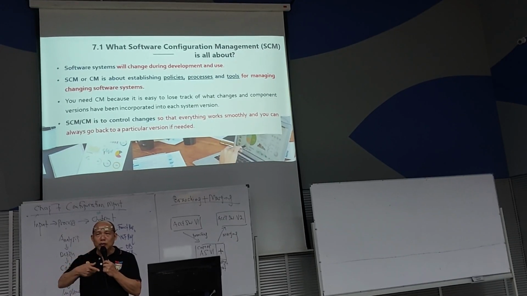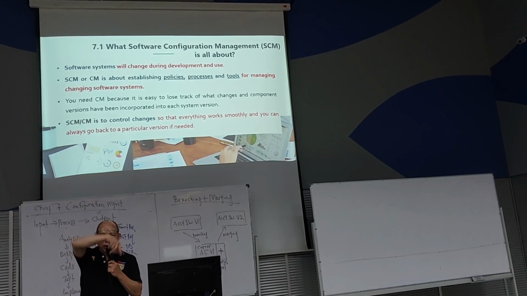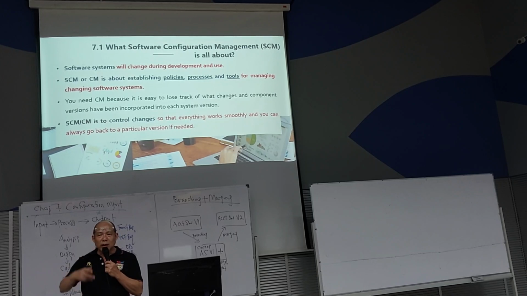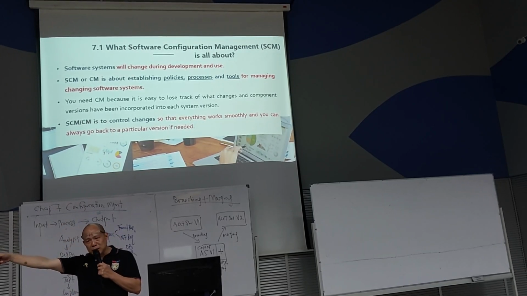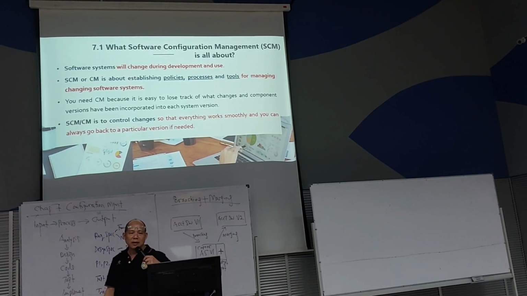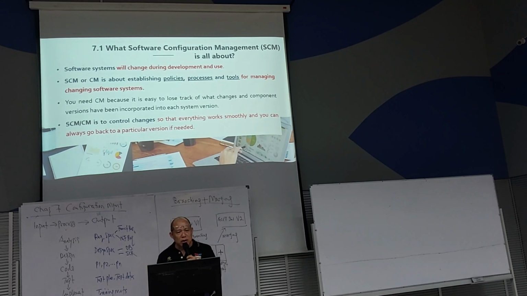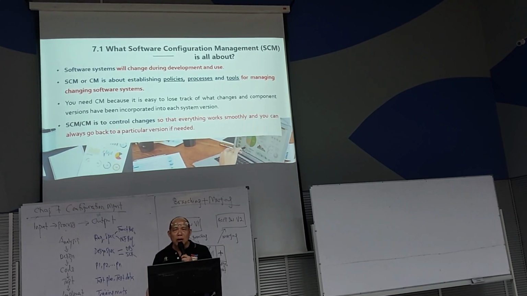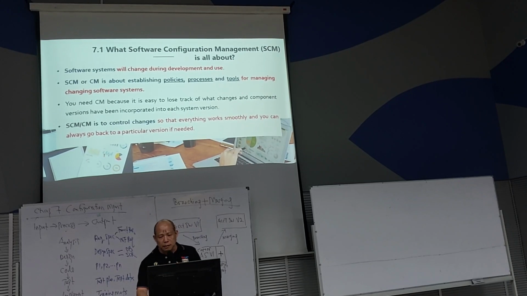Two of you are using one database. One person may change a particular field in the table. When this change is not informed to the other person, this will cause problems. So whenever there's a change, it must be controlled, and relevant parties need to be informed.